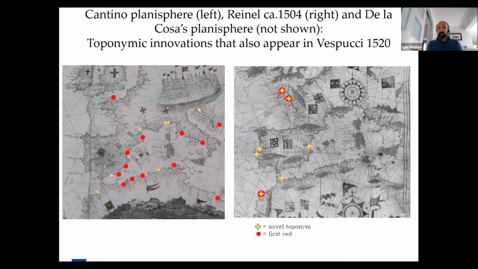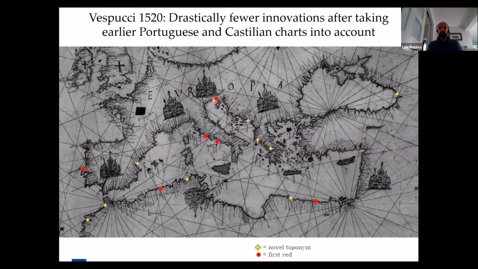So overall, when I took into account all those precedents and I went back to Juan Vespucci, if I remove now all the apparent innovations that were already present in those earlier charts, what I found was that it was not that innovative.